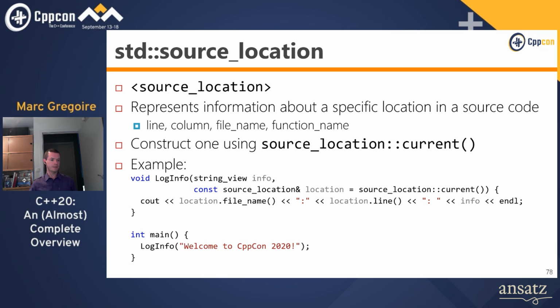And the trick here is that the evaluation of source location current is actually happening at the call site. That means that location is actually filled in with the function name, file name, line number, and column number of where I'm actually calling this log. So thanks to this, you don't have to use any macros anymore to achieve this.